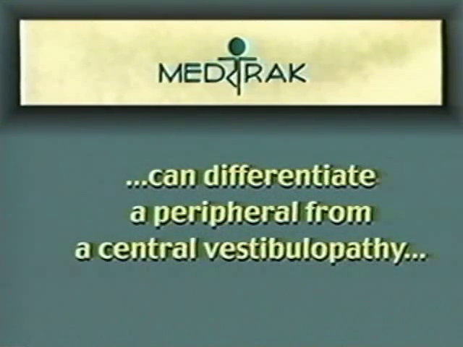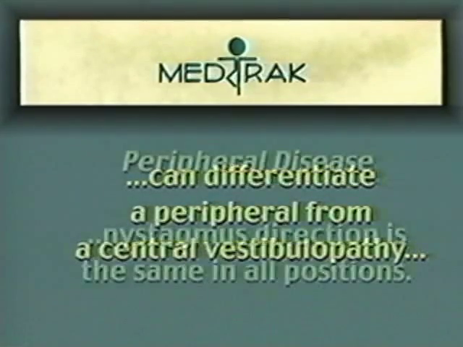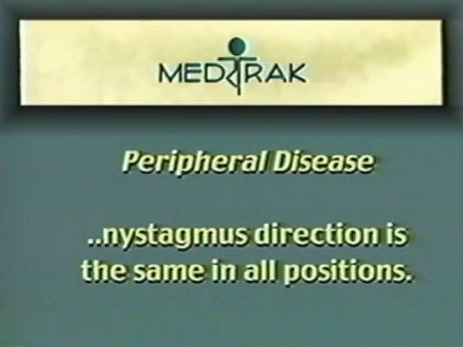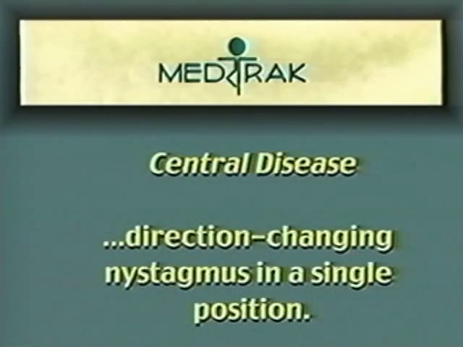This can differentiate a peripheral from a central vestibulopathy, with peripheral disease being diagnosed if the nystagmus direction is the same in all positions, while central disease is noted if there is direction changing nystagmus in a single position.